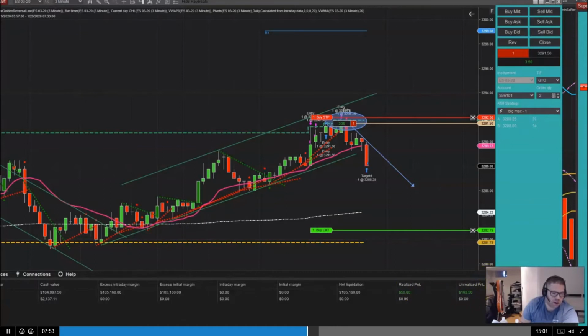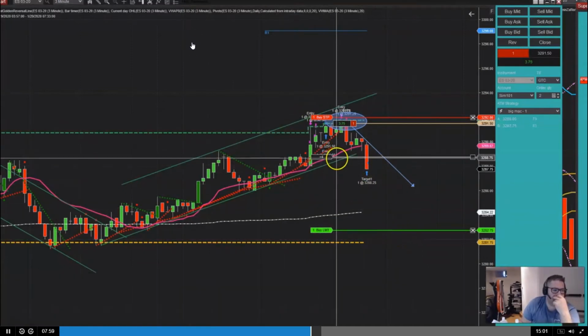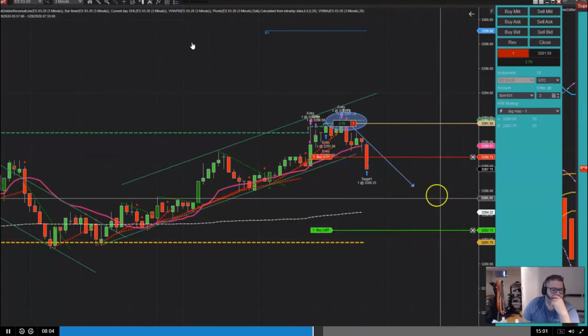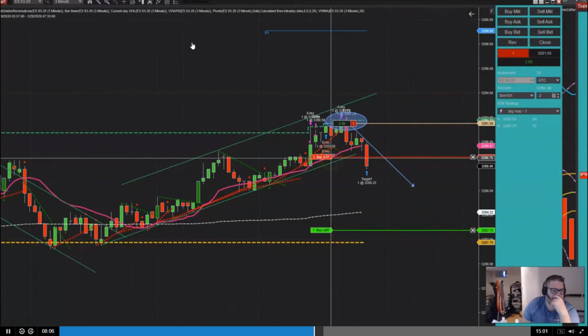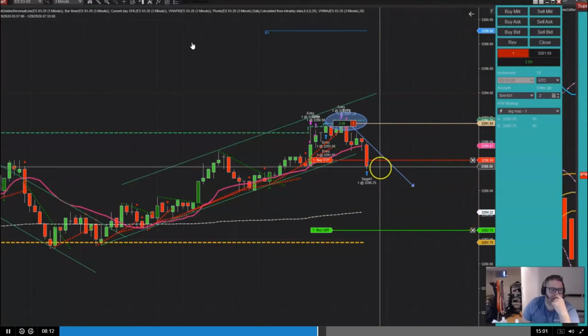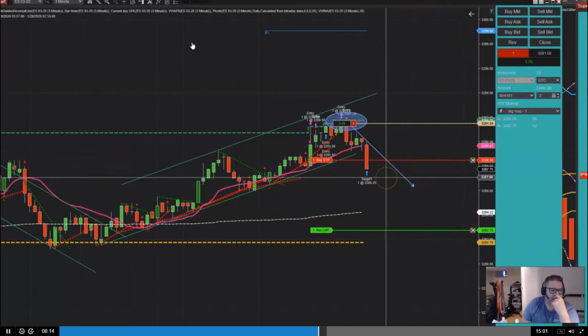I've already made some money, and I'm letting this run. I'm going to go candle for candle, so I'll put my stop over here to protect my profits. So if it keeps going down, I'm good.